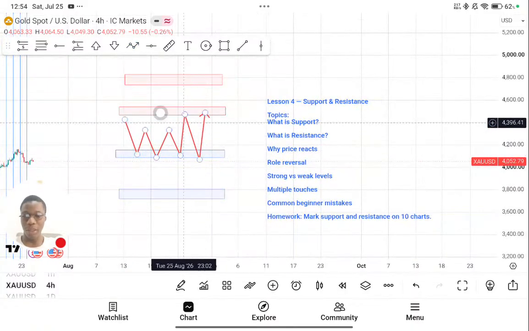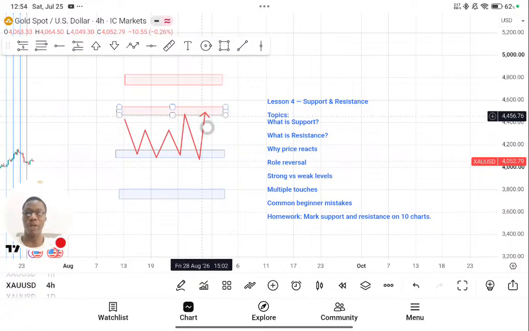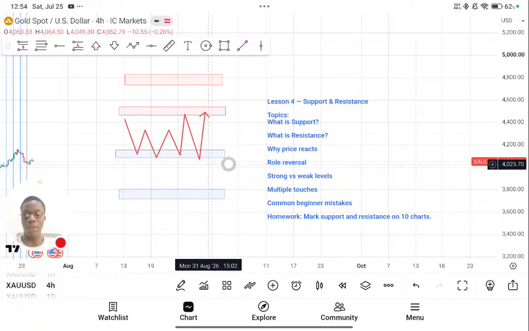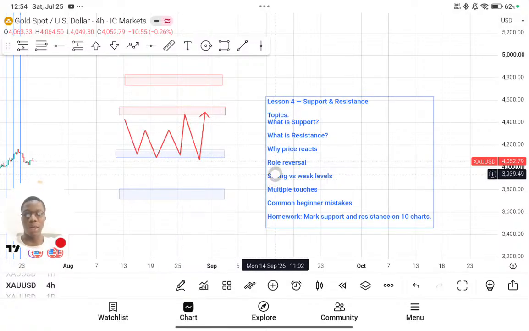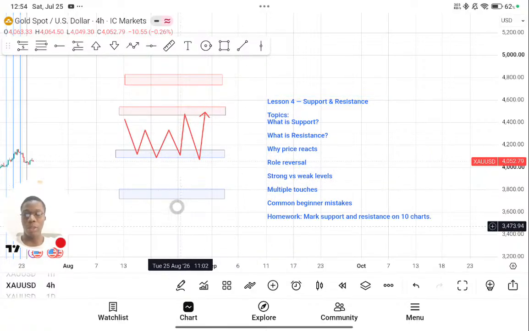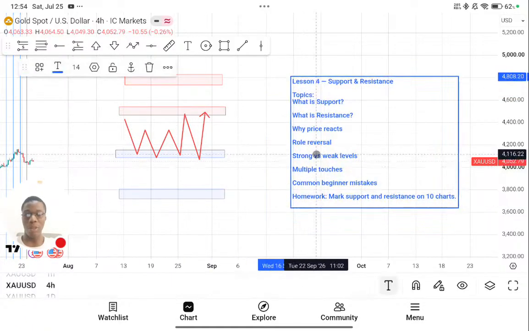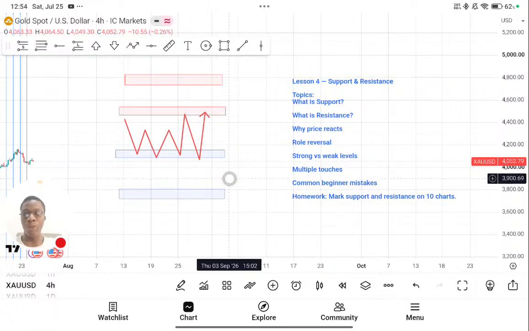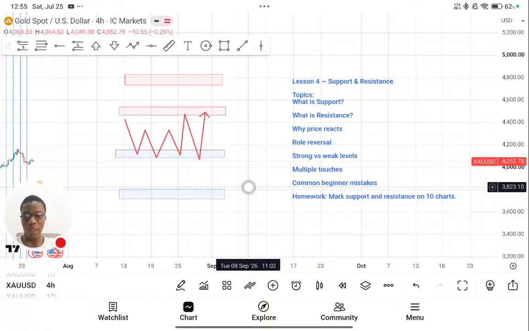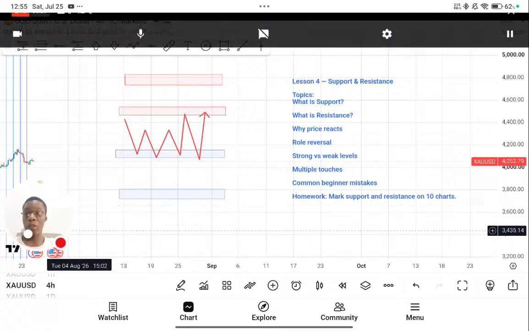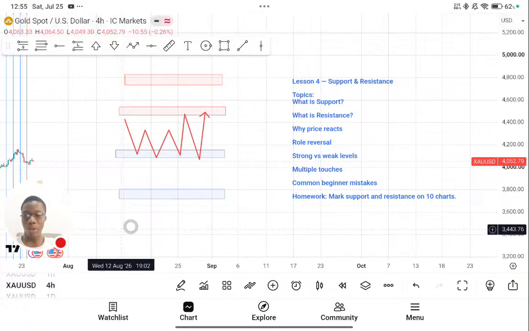Where we meet, this is a resistance, meaning where price is failing to break above, and support is where price is failing to break below. That is what is resistance, and that is what is support in the simplest form of it. And that is one of the major things we use in analyzing charts, and it gives us an idea, in addition with other things, of where price is going to be going.